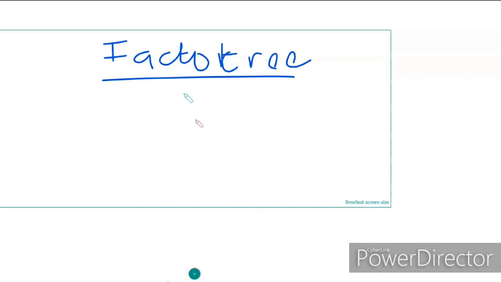Now, how do we use the factor tree to look for prime factors?